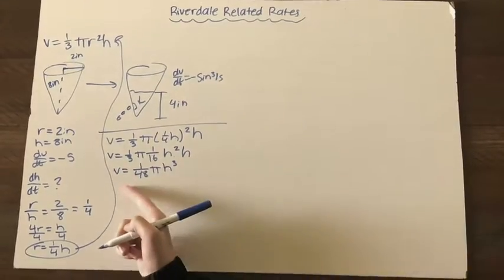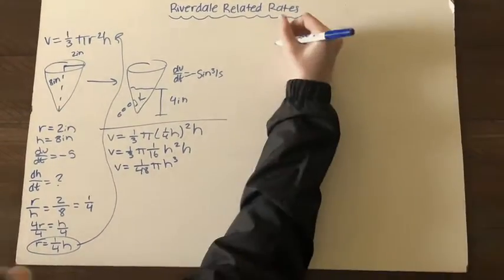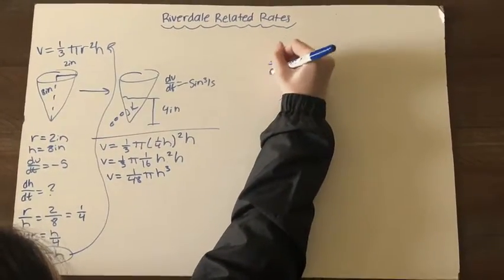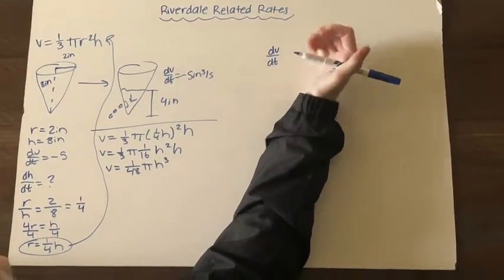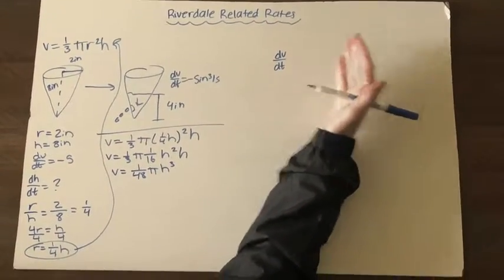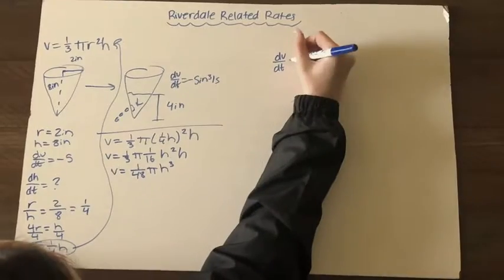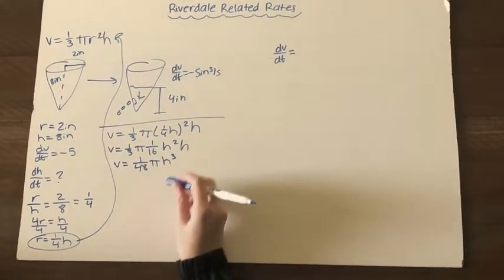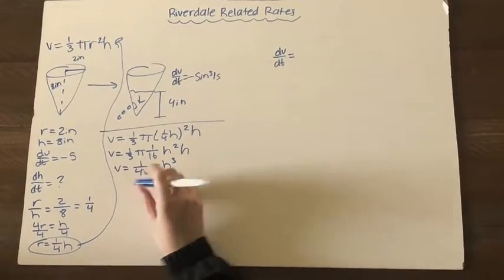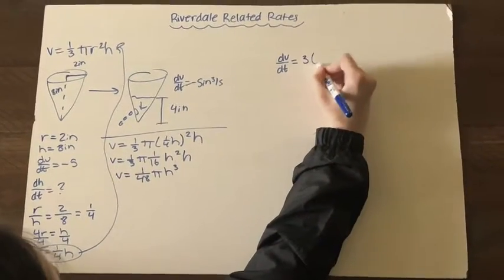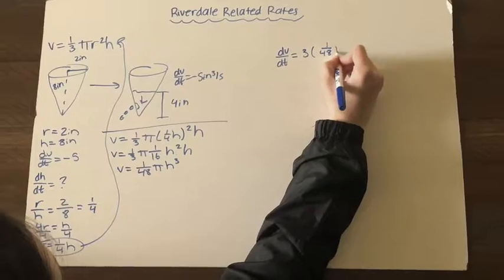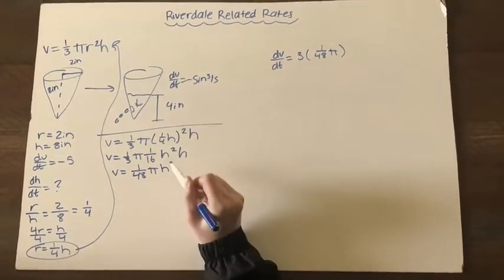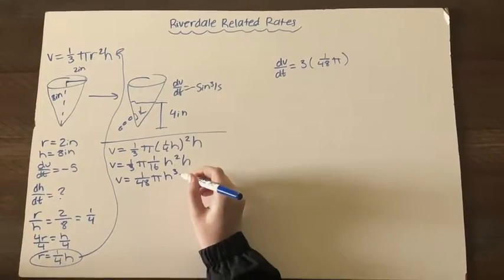So the derivative of V is equal to dV over dt, which is the rate of the liquid pouring out of the glass. So dV over dt equals, we have to do the chain rule. So the chain rule is the degree multiplied by the coefficient. So 3 times 1/48 pi, and then the degree minus 1.